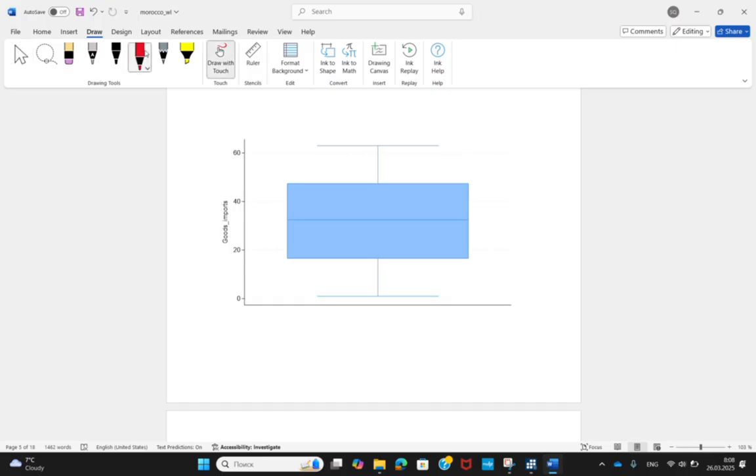We can see here, the graph box is divided into 4 quartiles. First one, Q1. Second quartile, Q2. Third, Q3. Fourth, Q4. Each of them is distributed by 25%.